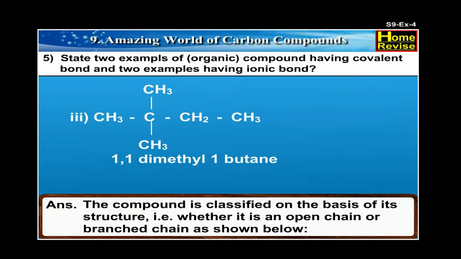Third, 1,1-dimethyl 1-butane. CH3, C, CH3, CH3, CH2, CH3. Hexane can be a ring structure called cyclohexane or a linear structure which can be branched or unbranched.